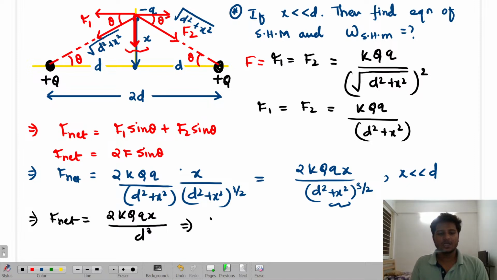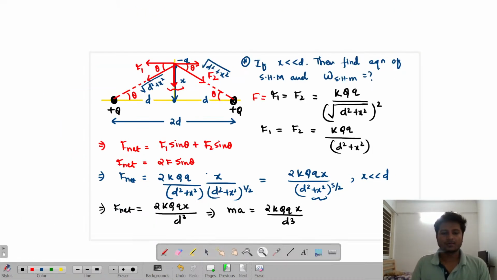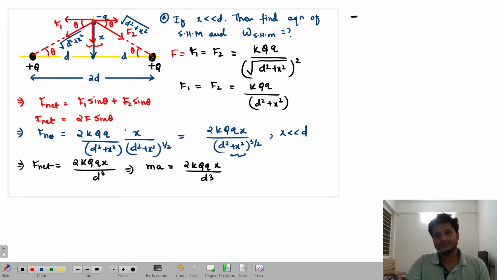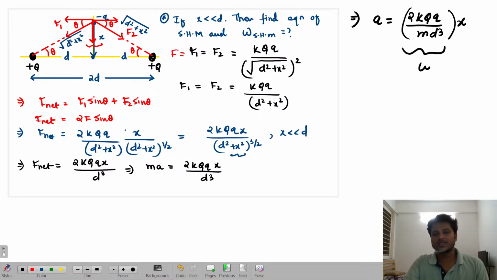Now I can write ma is equal to F net. So ma is equal to twice k capital Q small q x divided by d cube. So a is equal to twice k capital Q small q divided by m d cube into x. I'm ignoring the minus sign. So this becomes omega square, isn't it?